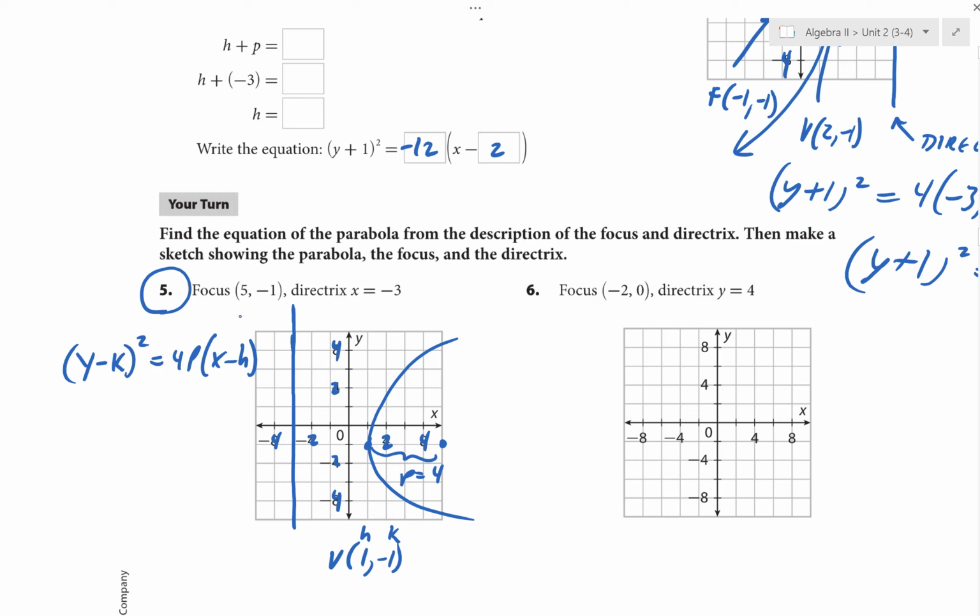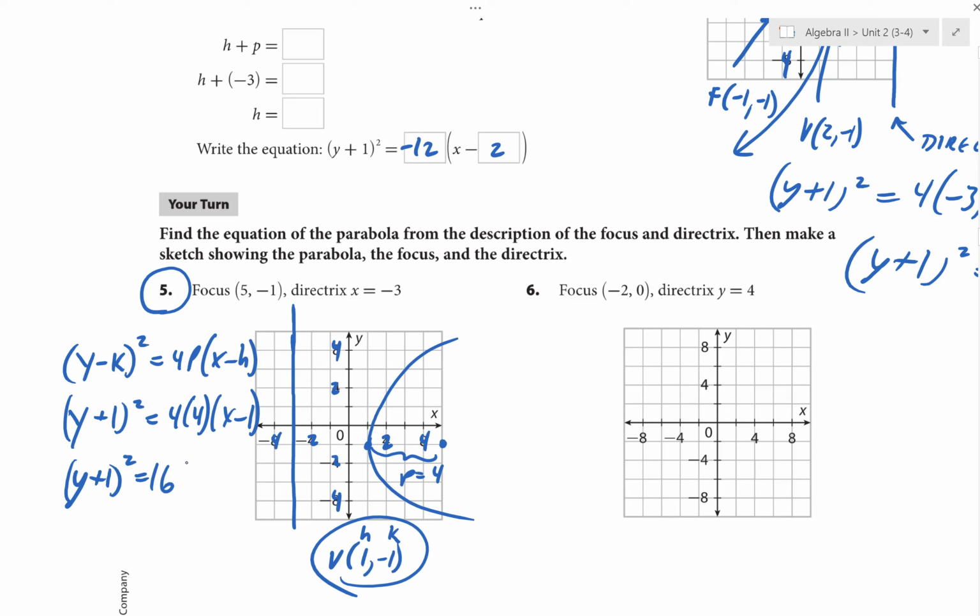And now that's where it's useful to be able to look down here at what our h and our k are. So that's (y plus 1) squared equals 4 times 4 times (x minus h). And so then that's (y plus 1) squared equals 16 times (x minus 1). Anybody have questions on that one?